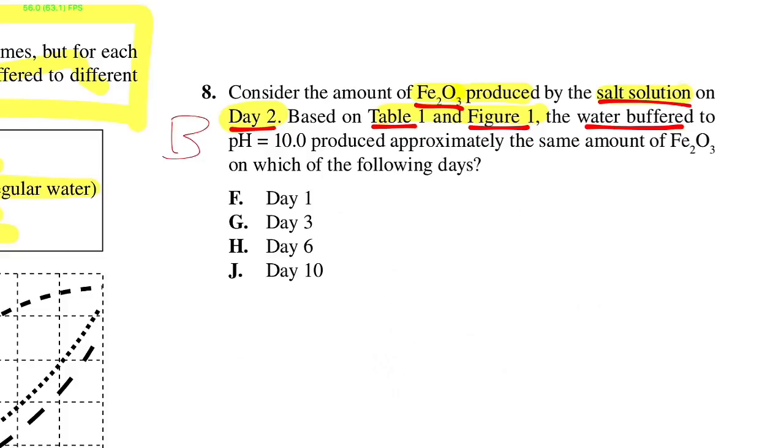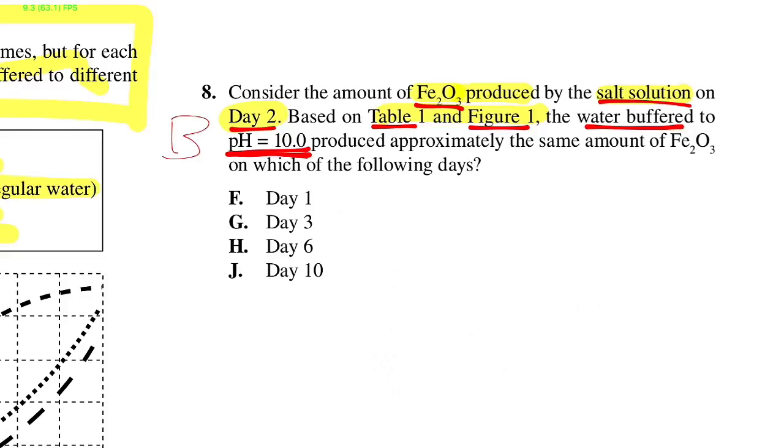It just means some kind of water, or something done to water. So it says the water buffered to a pH of 10. Obviously, it's nice if you know that pH is measuring acidity, but even if you didn't know that, they're attaching this pH 10 to some kinds of water. And that's fine. You don't need to know exactly what that means in order to answer the question.